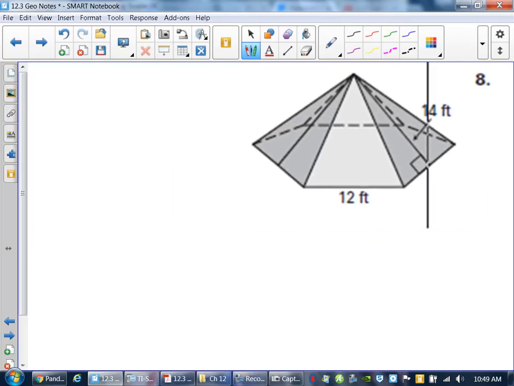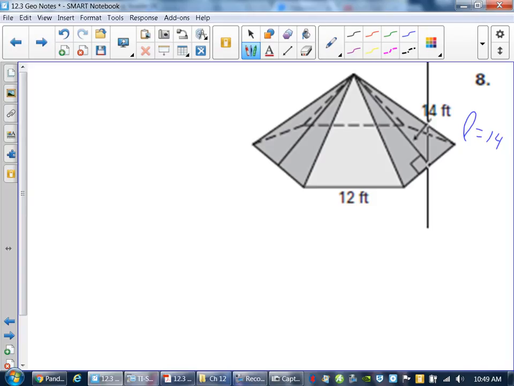Sorry, this is the slant height here. The slant height is 14. Don't draw that. If I'm going to find the surface area of that, it's a pyramid. Remember, we always start by writing down the formula.